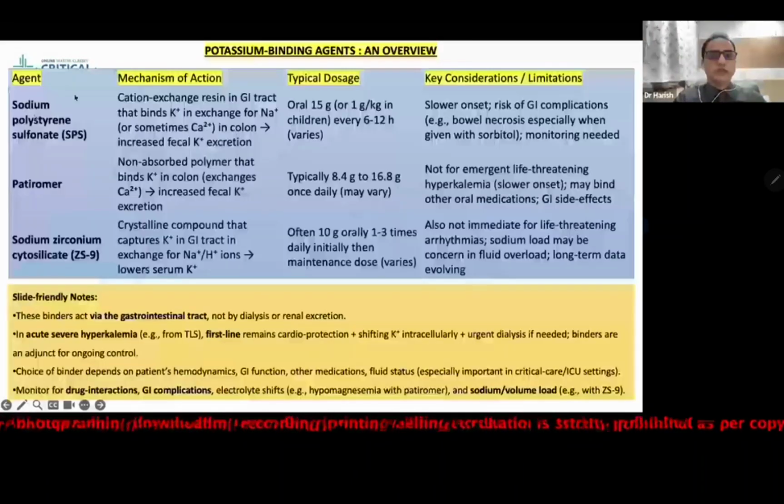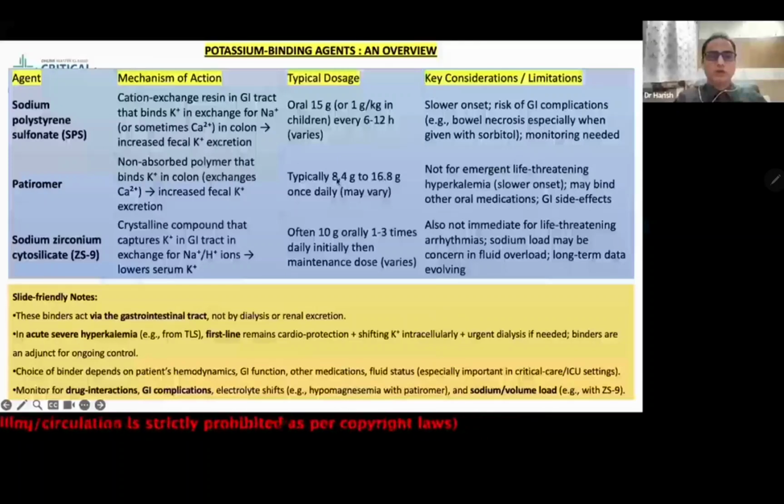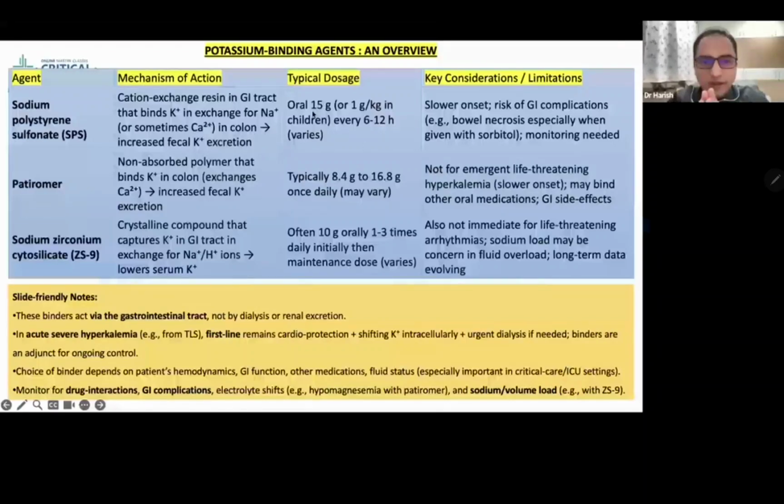If you see potassium binding agents, we have sodium polystyrene sulfonate, which is a cation exchange resin in the GI tract that binds potassium in exchange for sodium, or sometimes calcium, in the colon. It increases fecal potassium excretion. Typically the dosage is 15 gram, or 1 gram per kg in children.